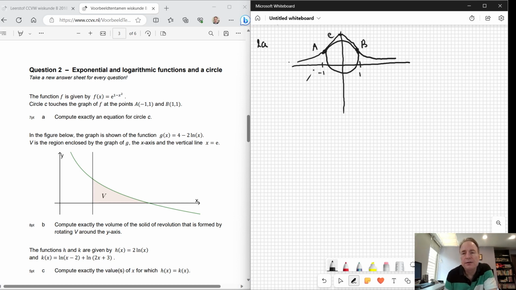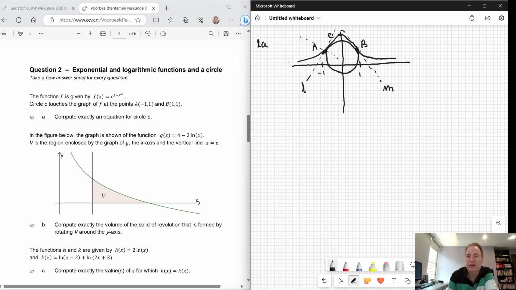So the tangent, let's write, say this is the tangent L of the function in A. And then here, say line M is the tangent of the function in B. These also have to be tangent of the circle. And that means that these lines are perpendicular to the radius.